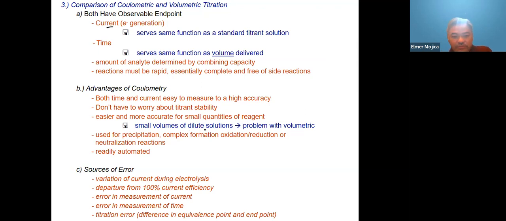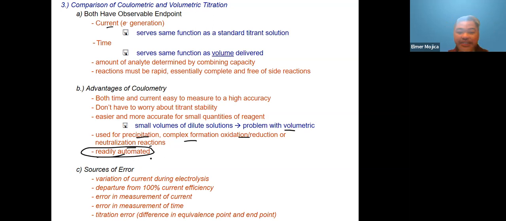So you can use small volumes of dilute solution, and that's really a very big problem for the typical titration. And you can use it either for precipitation, complex formation, redox, or acid-base neutralization reaction. And this is one that makes it really great. Okay? It is readily automated. Okay.